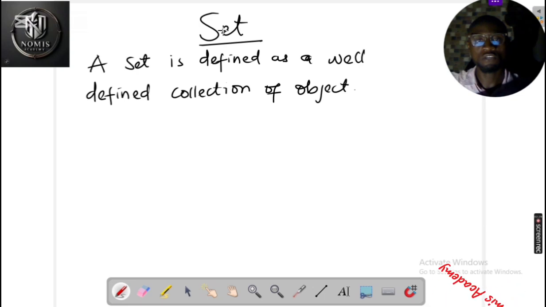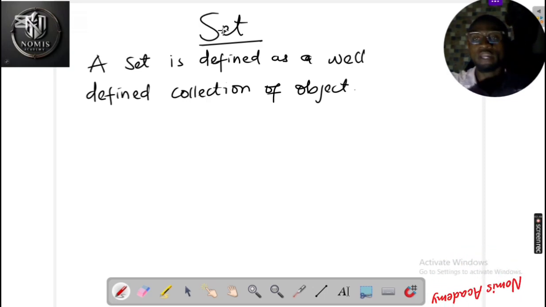If we look into that set, we will not find a girl, and we will not even find primary 4 or any other class that is not of the same class. So a set is said to be a well-defined collection of objects.